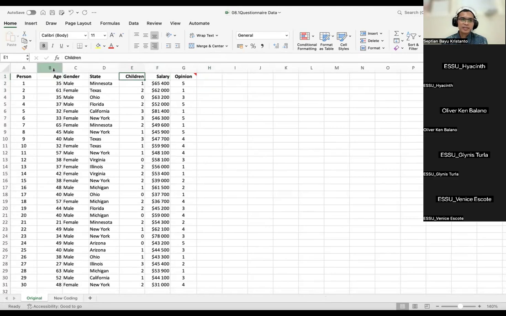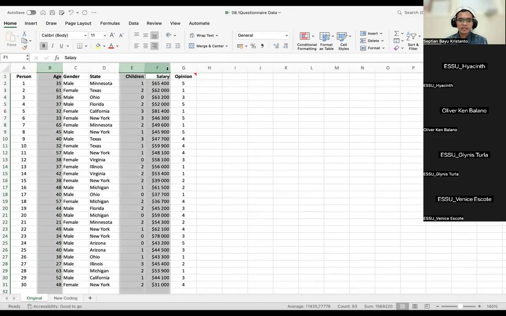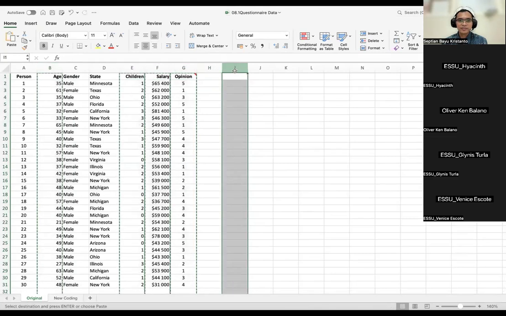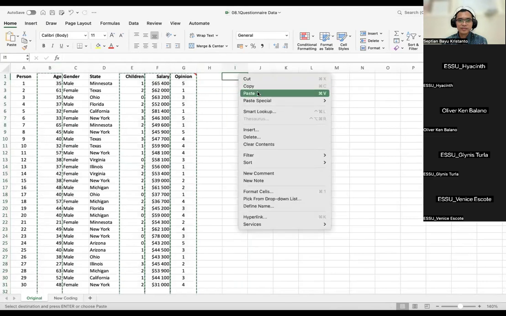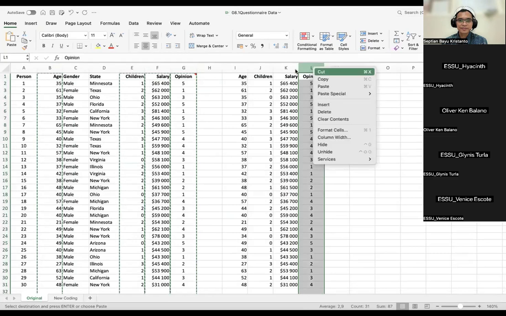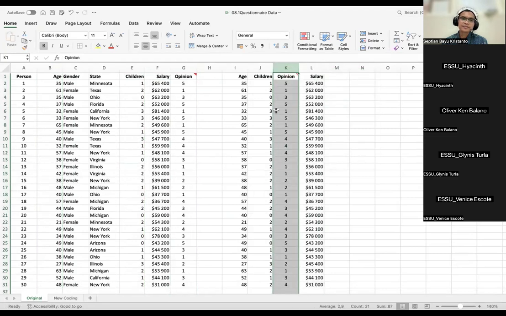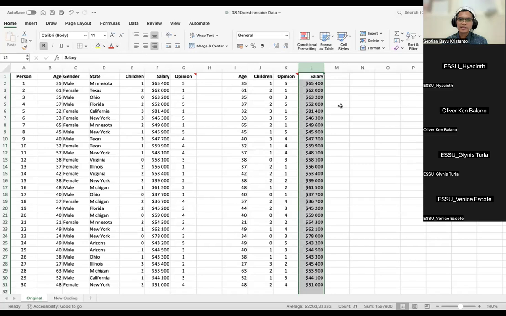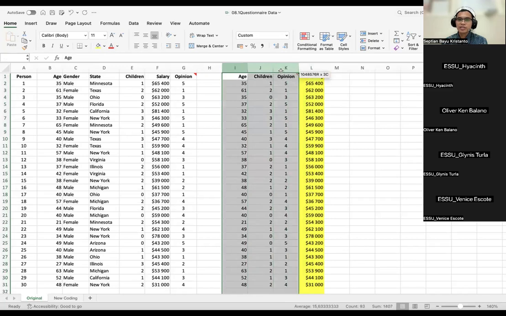Let's say the age, the children, the salary, and also the opinions. Let's say that the salary is the dependent variable, and the age, children, and opinion are the explanatory variables.